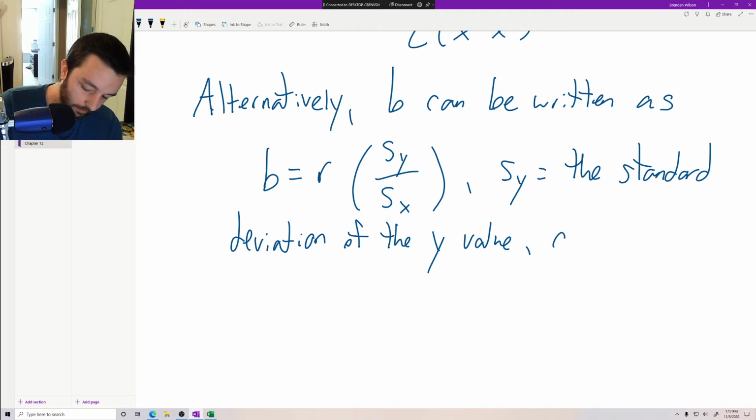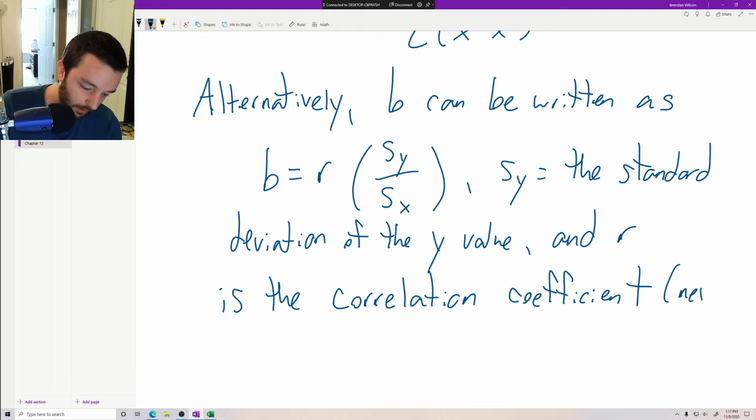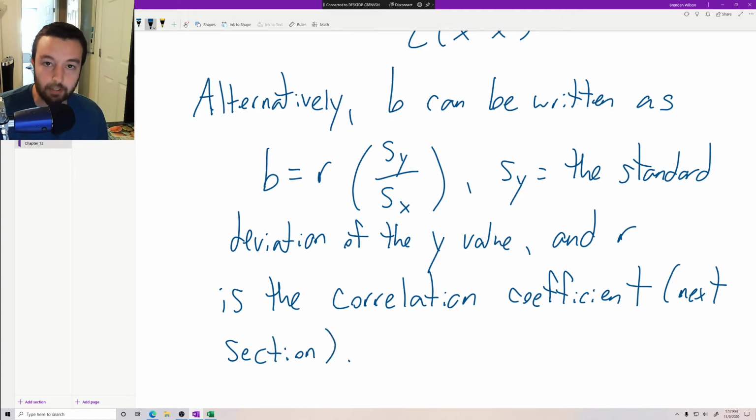And r is the correlation coefficient, which is going to be discussed in the next section. Okay. r is very important. r is actually going to be the number that tells us the strength of the relationship. Okay.